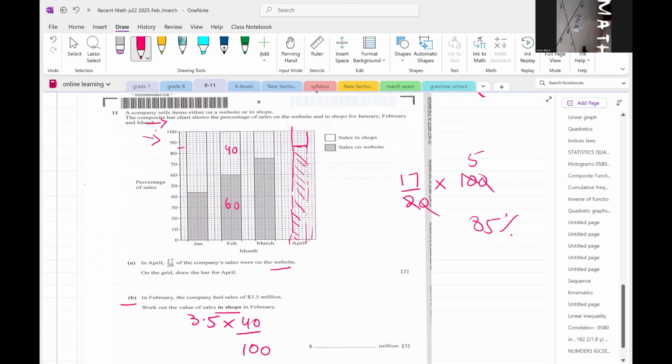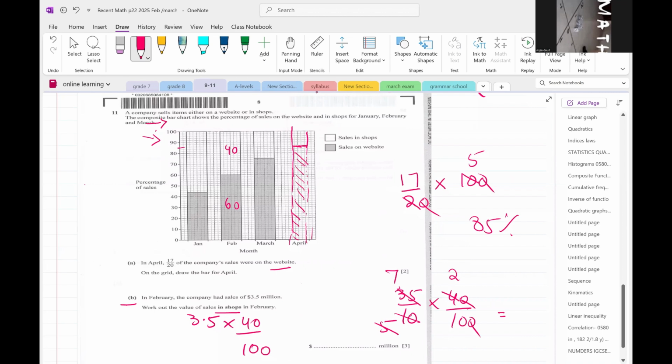Now, how are you going to solve it? I'll write 3.5 as 35 over 10 times 40 over 100. We'll just cancel these numbers out and keep on dividing the numbers. 2 times 4, 5 times 10. And then again 5. 1 times 5 and 5, 7 times 35.